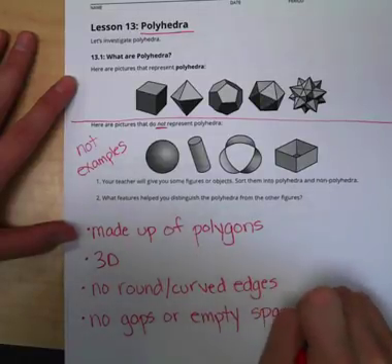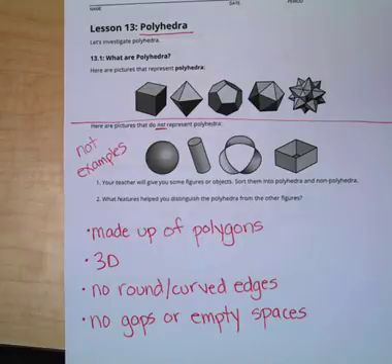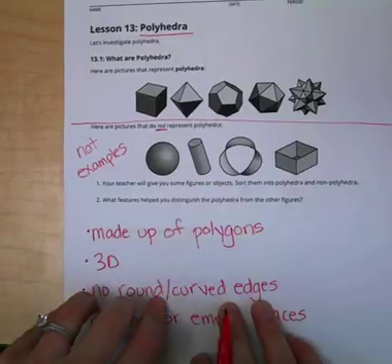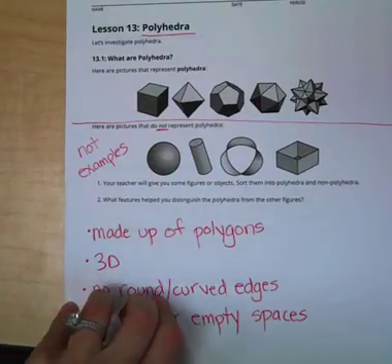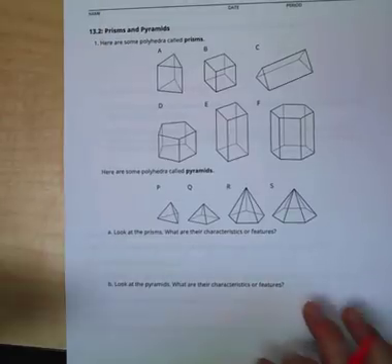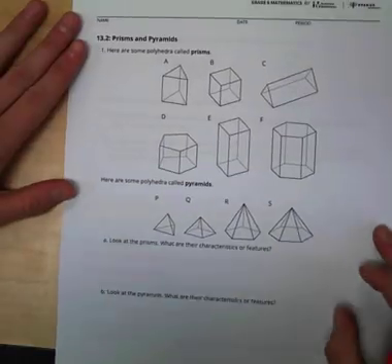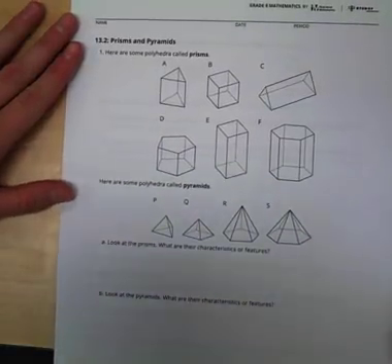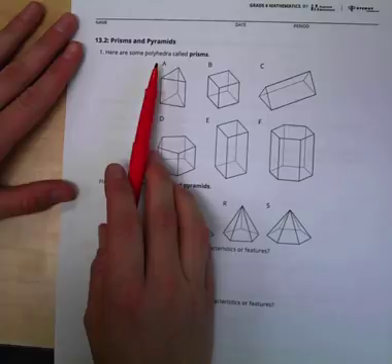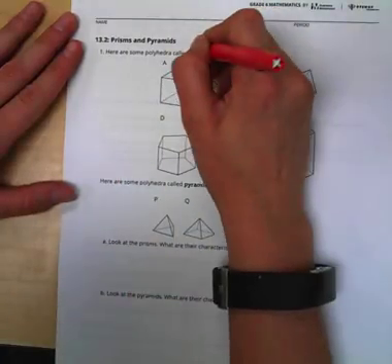Hopefully you thought of a few more, but I'm just going to list those for now, and if you thought of something that you want to share with me tomorrow, that would be awesome. And then we're going to move on to page 2. Let's see if I can flip mine. So what we have here are, these polyhedra are a special kind called prisms.